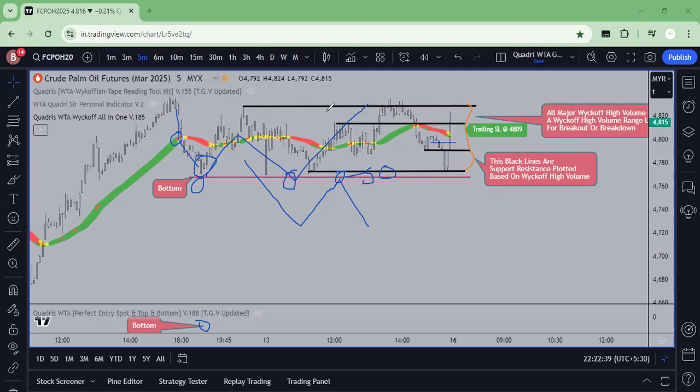I don't get into more details of it because my intention is to identify top and bottom levels with the help of the 188 version, wherein new fresh key price levels are formed. They are not SMC smart money concept, it is not ICT or any imbalance or fair value gap, nothing like that.